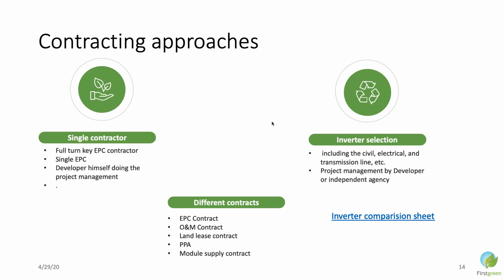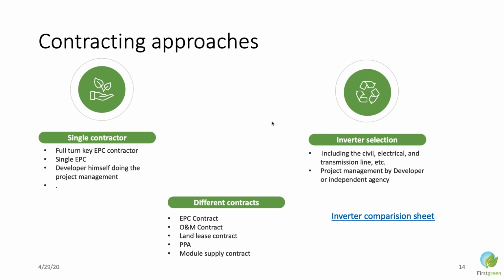So you cannot force anyone specifically, and the overall plant performance guarantee required by the banker becomes a challenge, because when you go with your project proposal to the banker, he will ask where are the performance ratio guarantees and energy yield guarantees from the EPC contractor. If you have multiple contractors doing different works, then who should give you the guarantee?